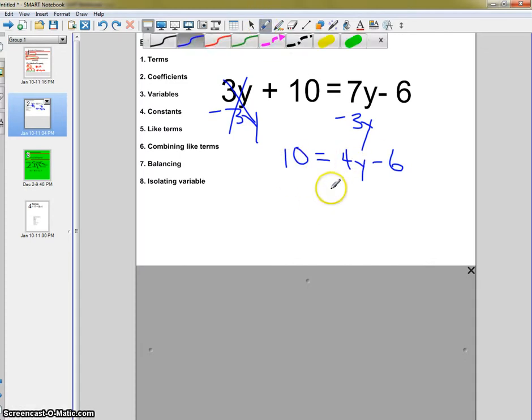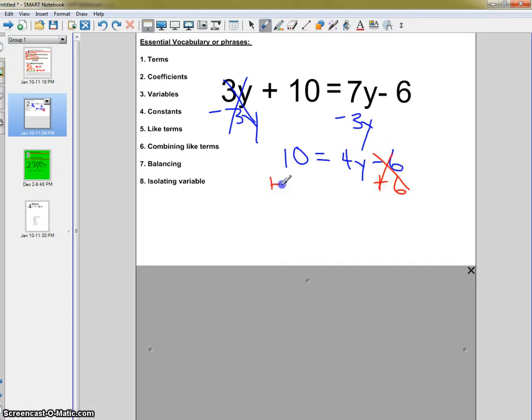10 is equal to 4y minus 6. I want to keep my constants on this side, my coefficients on this side. Notice I've got a constant here. It's a minus 6. So what I want to do is get rid of this constant. I'm going to add 6 to this to get rid of it.